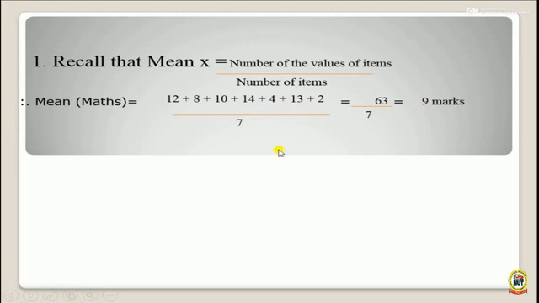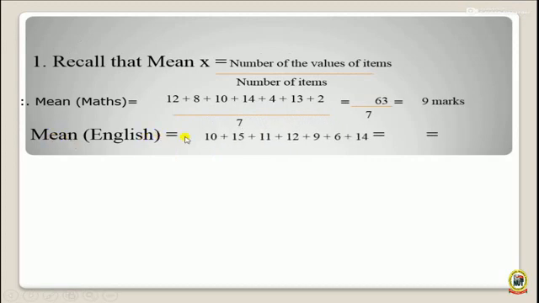Let's quickly take a look at the mean mark for English. So for English, we're going to add all the scores in English together all over 7, because there are 7 students in the classroom. And the scores for English are 10, 15, 11, 12, 9, 6, and 14.